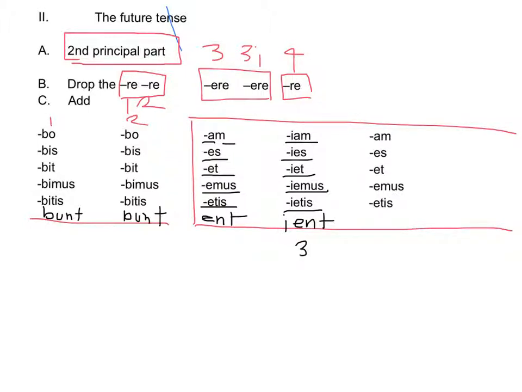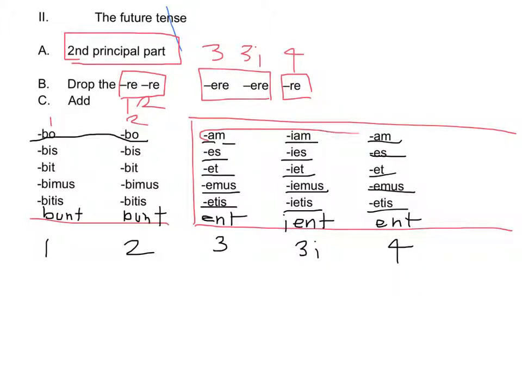That's for the third I conjugation. And then for the fourth, what you just learned, you add am again, es, et, emus, etis, and ent. That's for the fourth conjugation. First and second have this B pattern, whereas third, third I, and fourth have an A or an E that you add before your regular endings. Note that the first and second conjugations end with BO, whereas third, third I, and fourth end with AM or IAM.